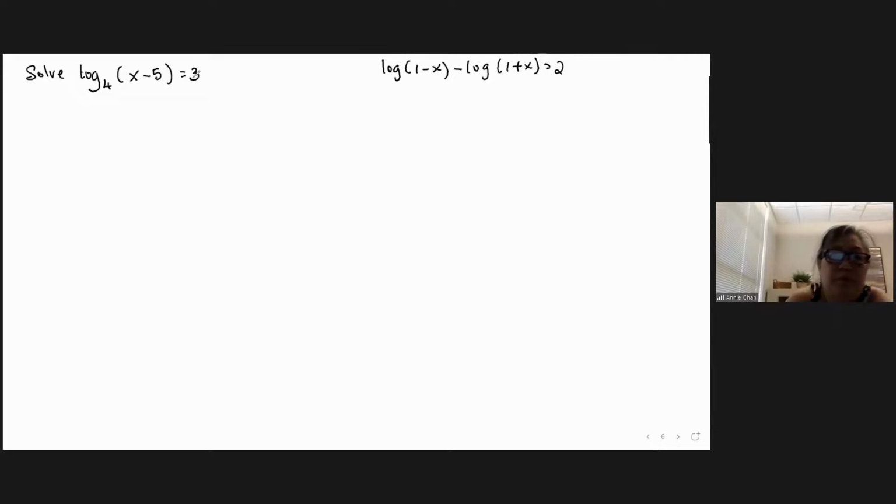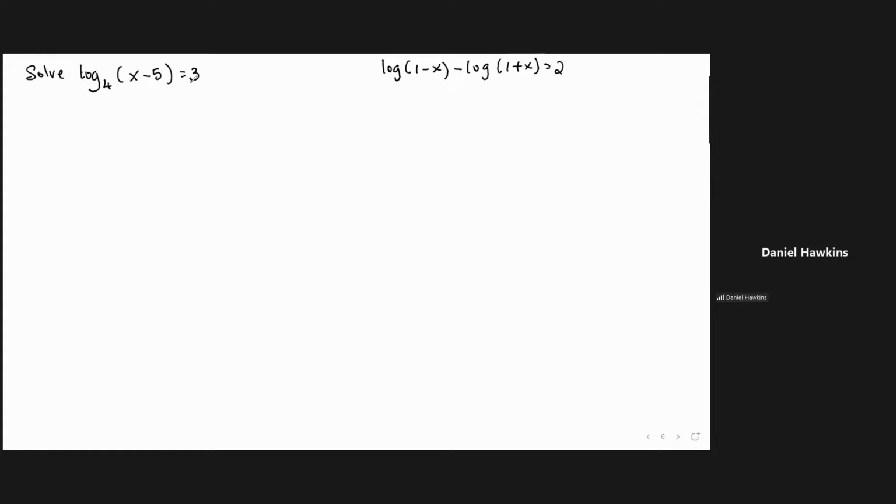This one could be worth 5 points. Solve for x. What is the natural thing you want to do? Put it in exponential form.